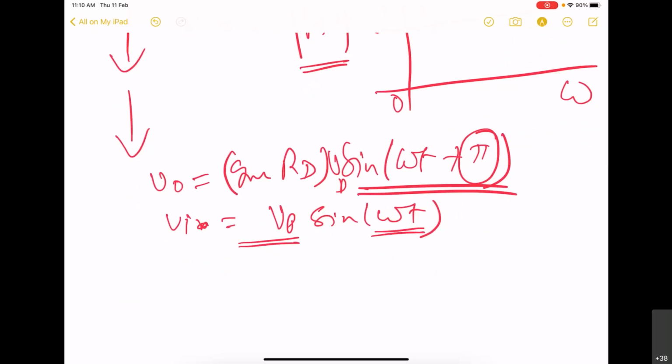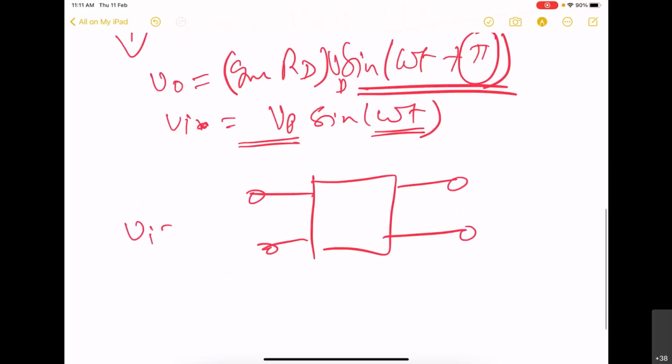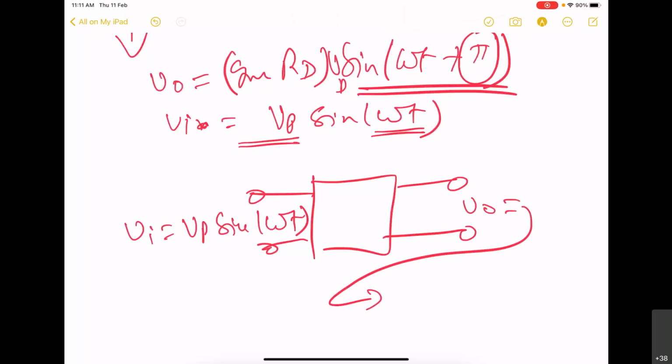So we say that the amplifier not only changes the amplitude of the input signal, it also changes the phase of the input signal. So in general, if you see any amplifier, and if you are giving input Vi equal to Vp sine omega t, what you will get on the output side is amplitude enlarged, of course, but the phase also shifted by a certain amount, right?